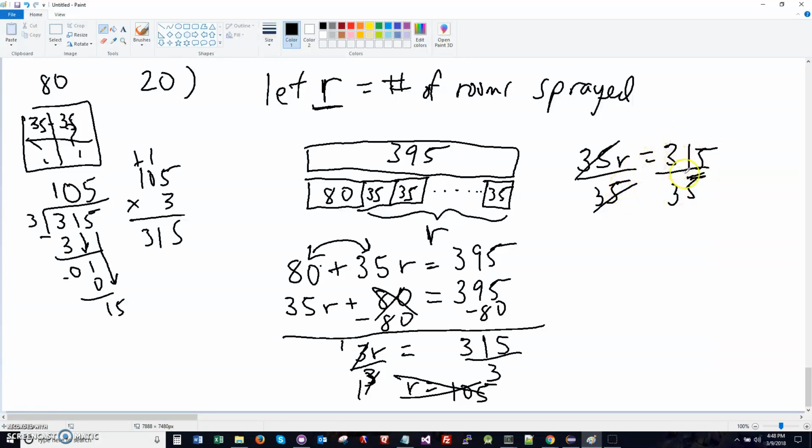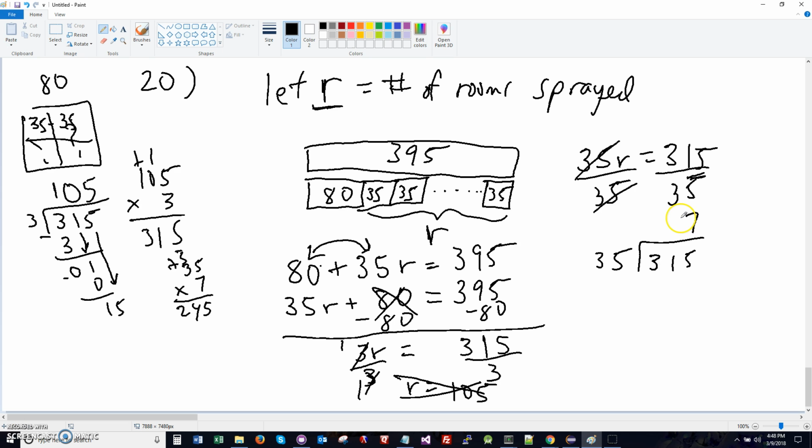Instead of 315 divided by 3, we have 315 divided by 35. So how many times will it go in? Let's see, 35 times, I'm going to guess 7. Let me see if that's correct. I'm going to just multiply that. 35 times 7 gives me 245.